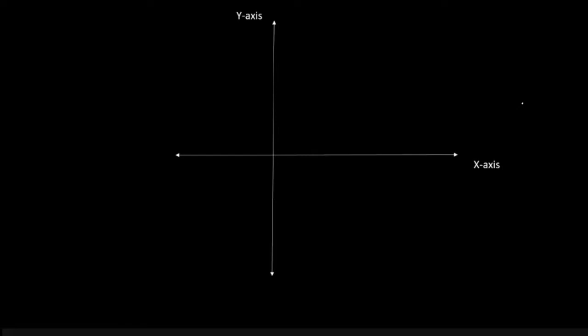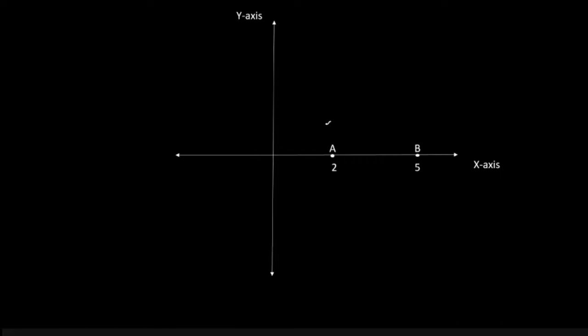Suppose we want to find the distance between two points. For that, here I consider point A at 2 and point B at 5. Now the coordinates of point A are nothing but 2, 0, because the height is 0. Height is nothing but the distance of this point from the x-axis. Here the point is on the x-axis, so there is 0 distance from the x-axis to the point.